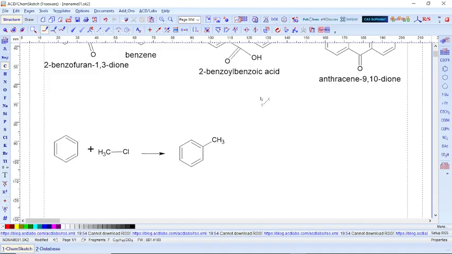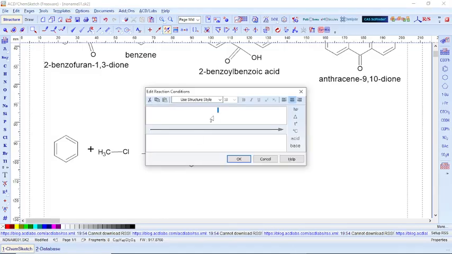This is methylbenzene plus HCl, so plus my HCl. Alright, of course this is a Friedel-Crafts alkylation, so let me quickly write here. At the top I'm still using aluminum chloride as the reagent.